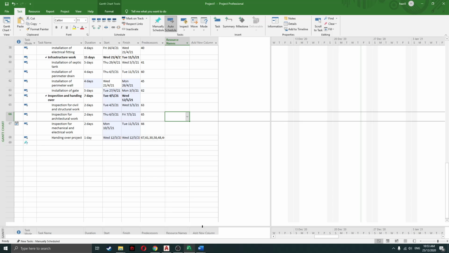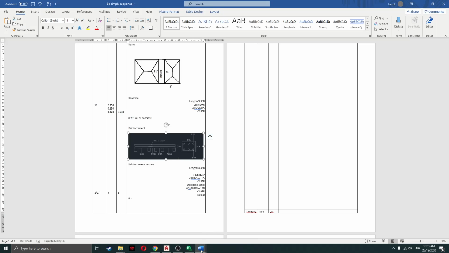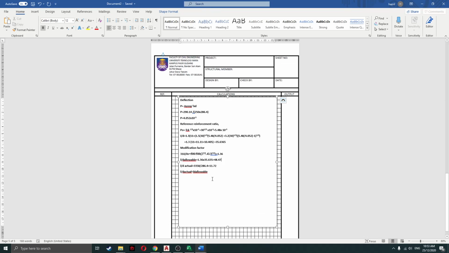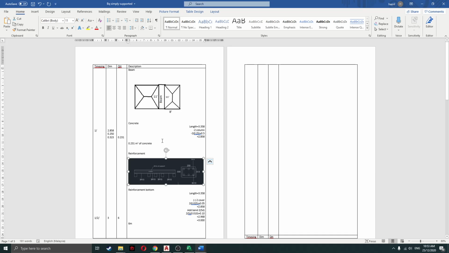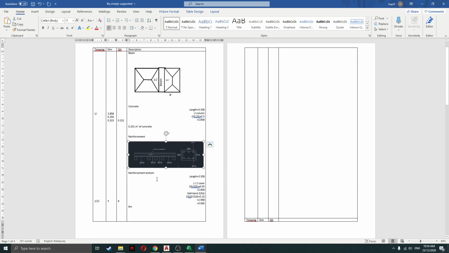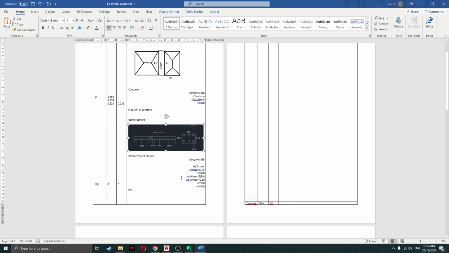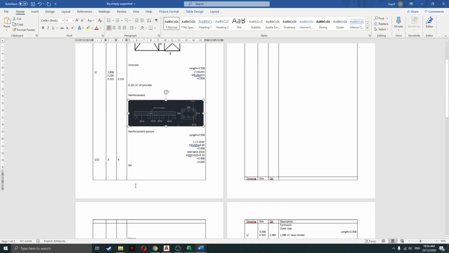Then BQ, first I calculate the concrete. I get 0.31 meter cubed of concrete, and then reinforcement, I get 6 meter. First length minus cover, at bend, then that I get 6 meter.